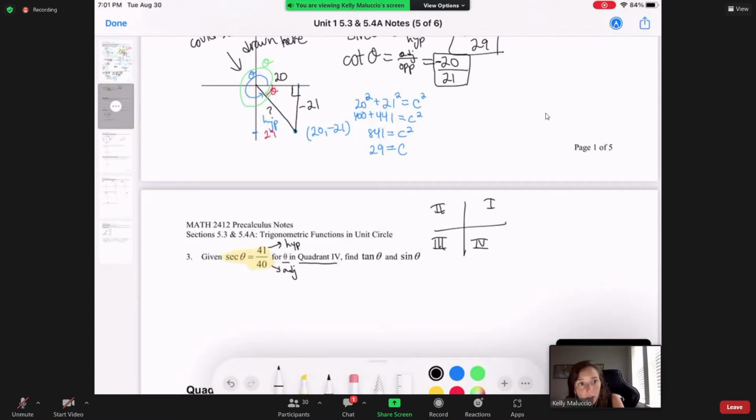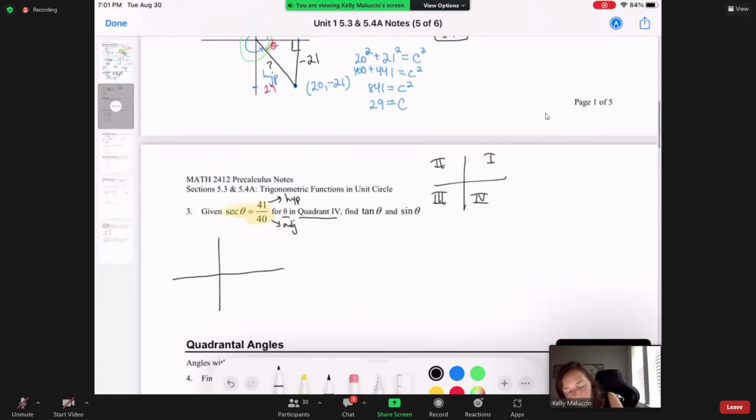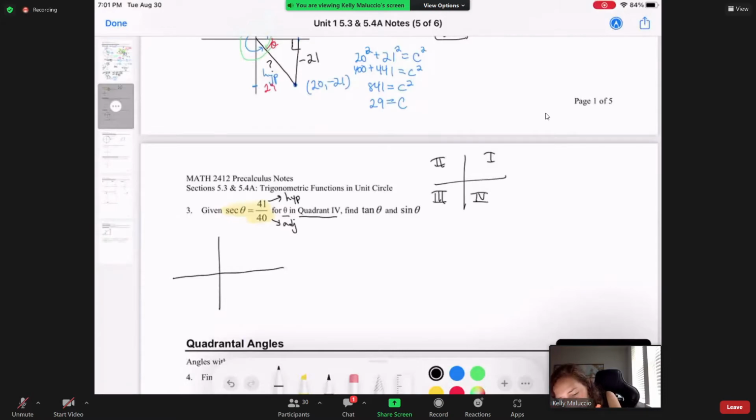Okay. So what this means is that we have something like this, right? My theta is in quadrant 4, and my adjacent is 40. So somewhere in here, we don't know where, I'm just going to make a right triangle. We know that theta is somewhere in quadrant 4. It might be going this way. It might be going this way. Doesn't matter, but it's there.